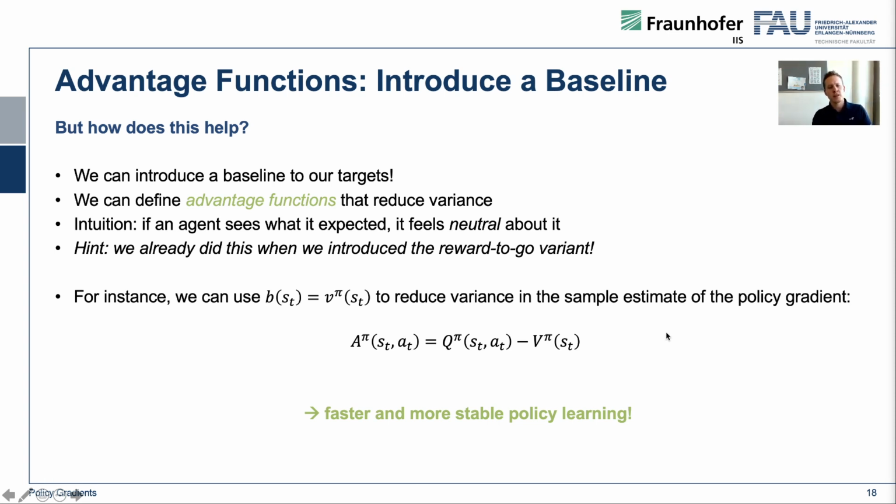This pushes all the actions in a certain state to a lower value, because it only considers the advantage of one action over the other actions, or over the value of the state. This leads to a faster and much more stable policy learning.